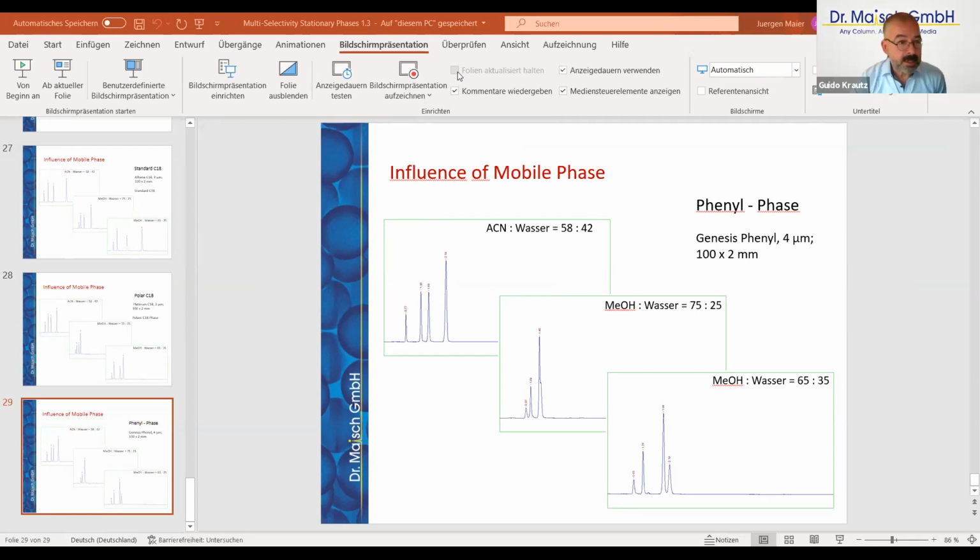Yeah, there was another question I already answered before. Maybe you want to add something to that. Yeah, the question was whether you could use a phosphate buffer in HILIC as well as methanol as an organic modifier. Yes, that's possible.